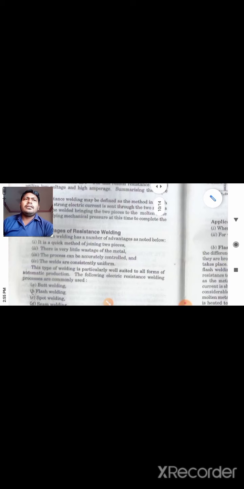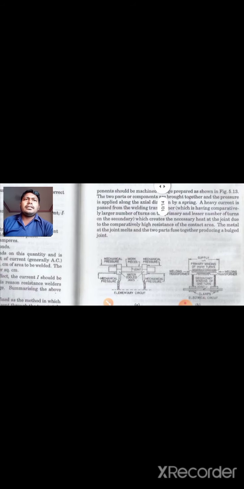In this process, heat is generated by contact resistance between two components. The face of the component should be machined or edged, prepared as shown in figure 5.13. So students, there is the figure for your butt joining.